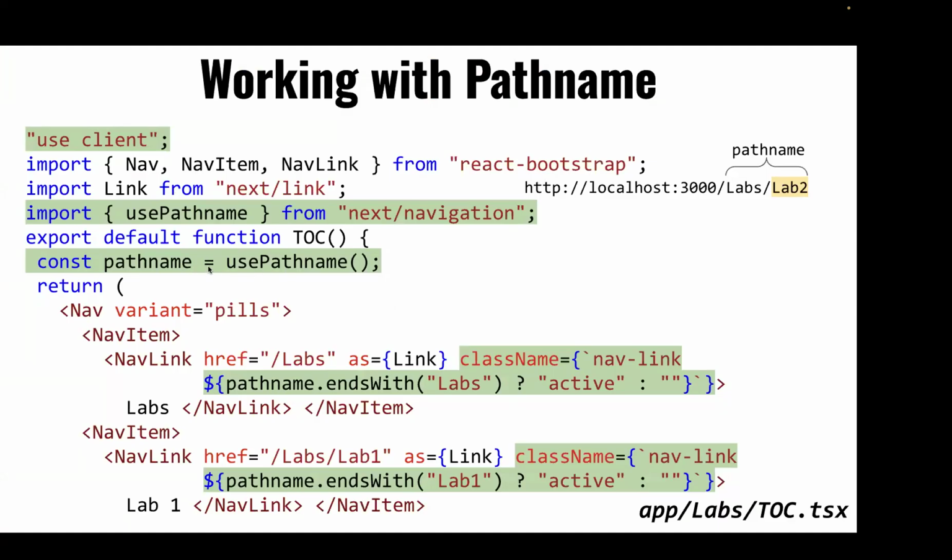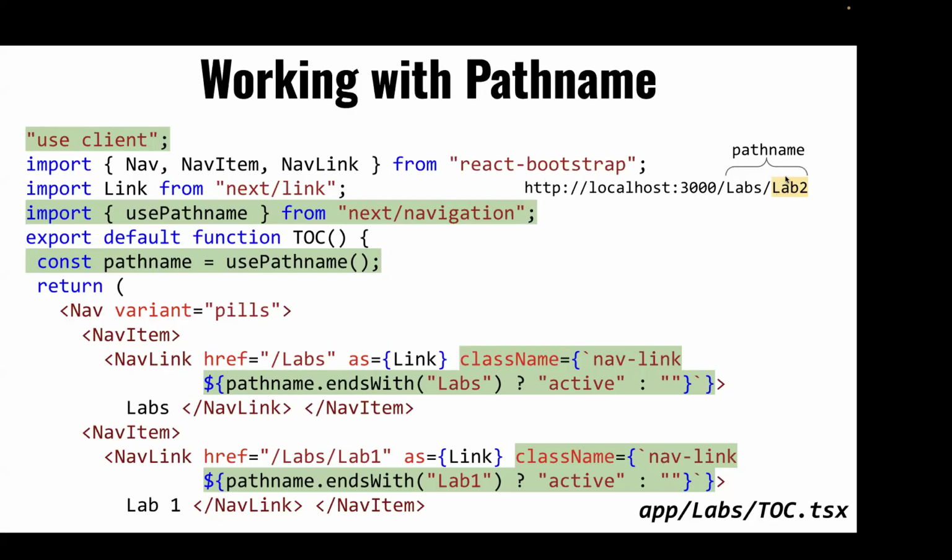You can ask the browser, hey browser, give me a reference to that path, which is a whole bunch of path names, slash path slash path, like this. This is the path name. So it might be slash labs slash lab two, and so on. So you can grab that from the browser, and this could be parameters.